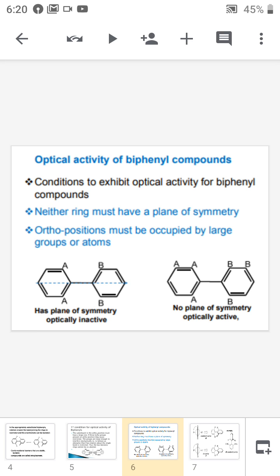These are the different methods for making a diphenyl an optically active compound.